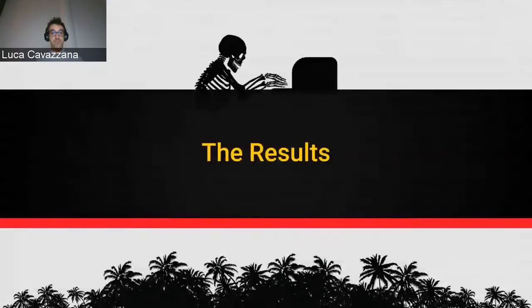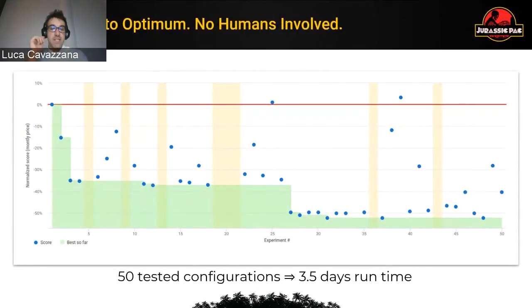Next. Next again. So on this graph, we can see how this optimization behaved. Every blue dot represents a tested configuration.